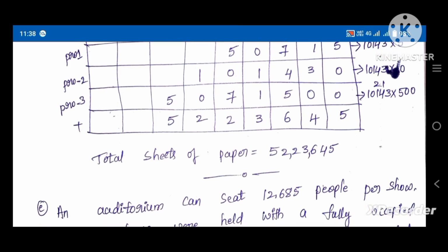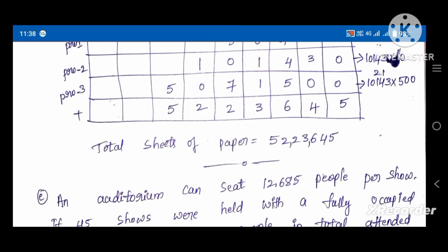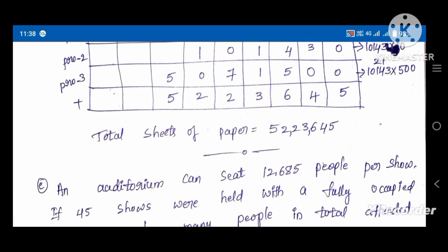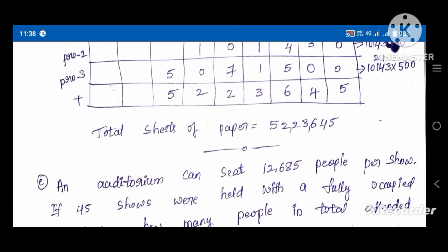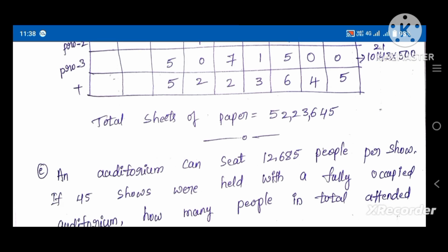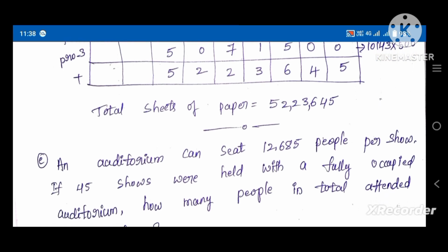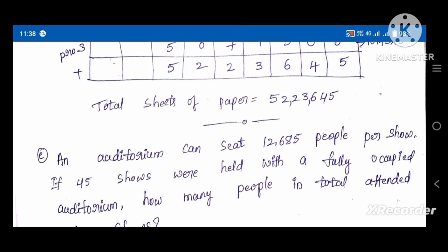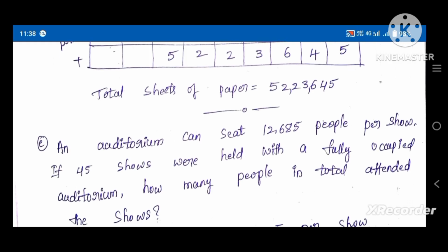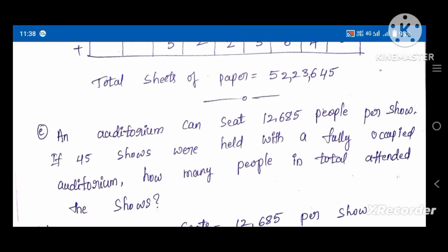Multiply 10,143 into 500, 50,71,500. Add the three products. 52,23,645. Total sheets of paper is equal to 52,23,645.